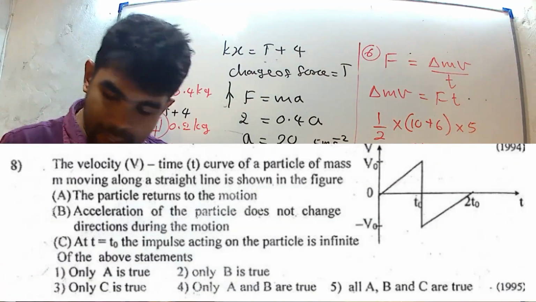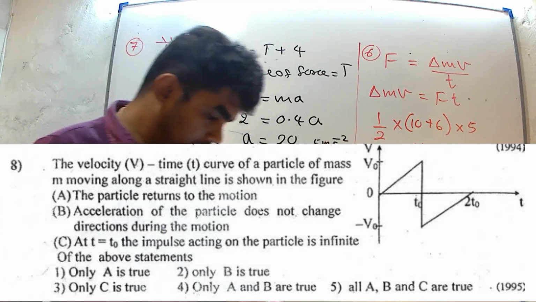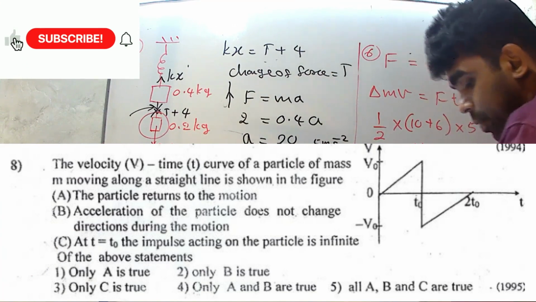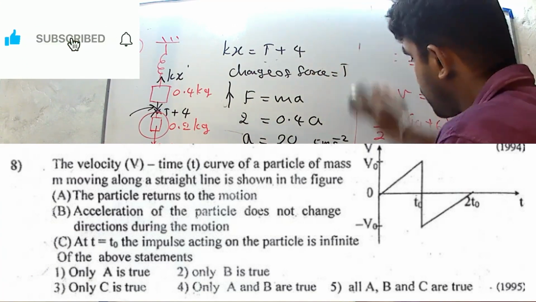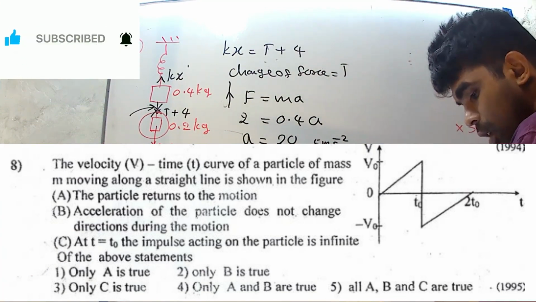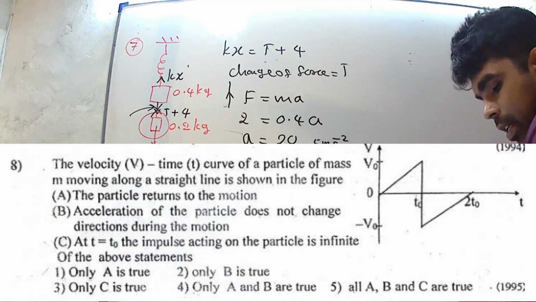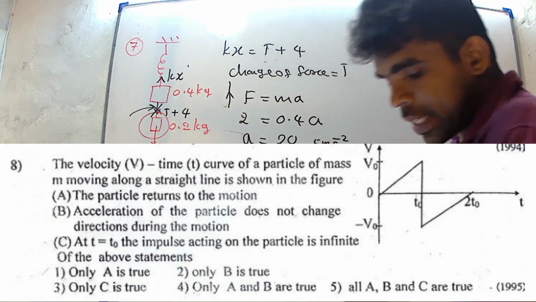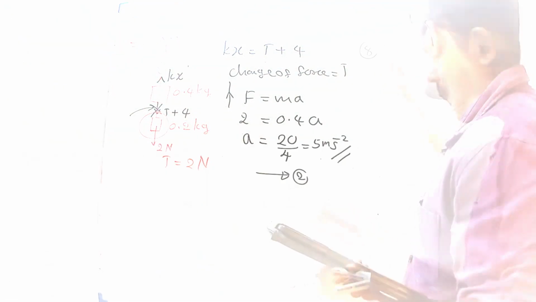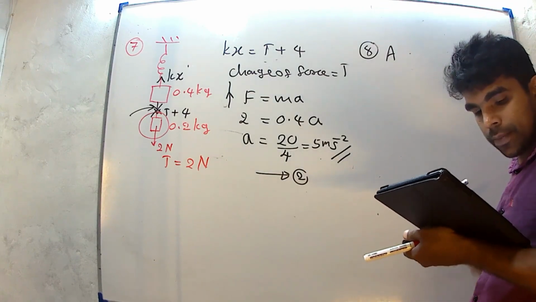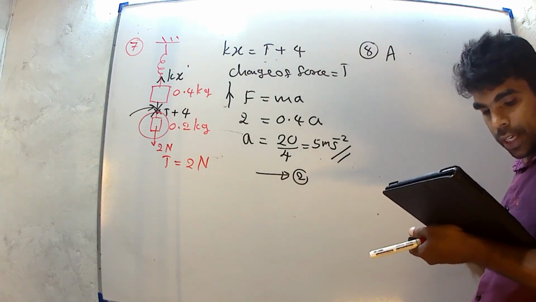Then question number 8. The velocity time curve of a particular particle of mass m moving along a straight line is shown in the figure. There are 3 statements. We have to consider the correct statement. Statement A. The particle returns to the starting point.